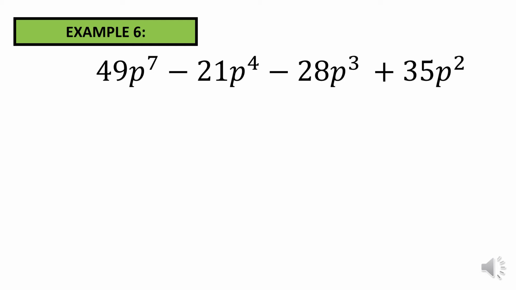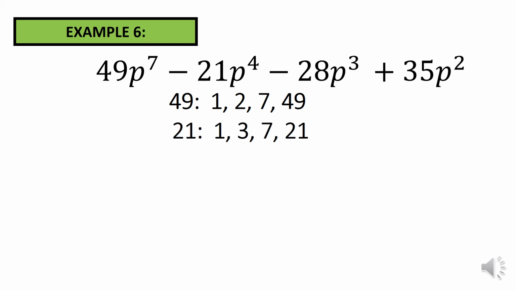By the listing method, we have 49. Think of the numbers that can divide 49. You have the following numbers: 1, 7, and 49. For 21, we have 1, 3, 7, and by itself, 21.